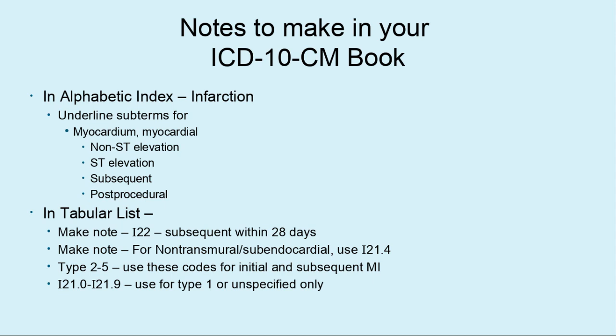Make a note for non-transmural subendocardial, use I21.4. Next to type 2 to 5, I21.4, use these codes for initial and subsequent. And then under I21.0 to I21.3, use for type 1 or unspecified only.